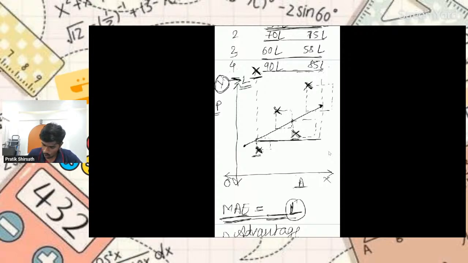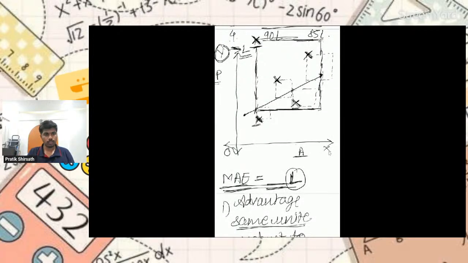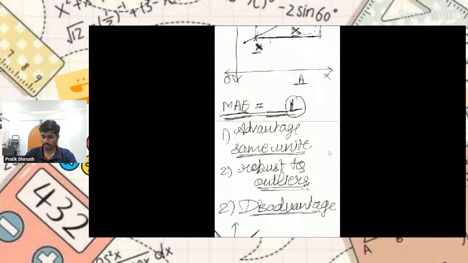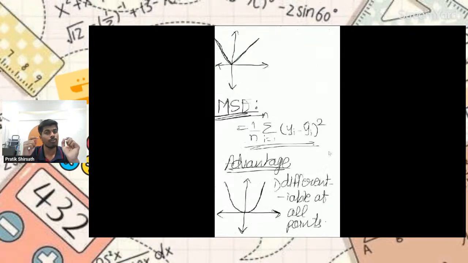It is a lot bigger. So I have to find the area of this, square it up, and then combine it with the remaining ones. Now what does it do? It again and again goes on increasing the MSE, and if the value of MSE increases, then what will happen? The error will increase.